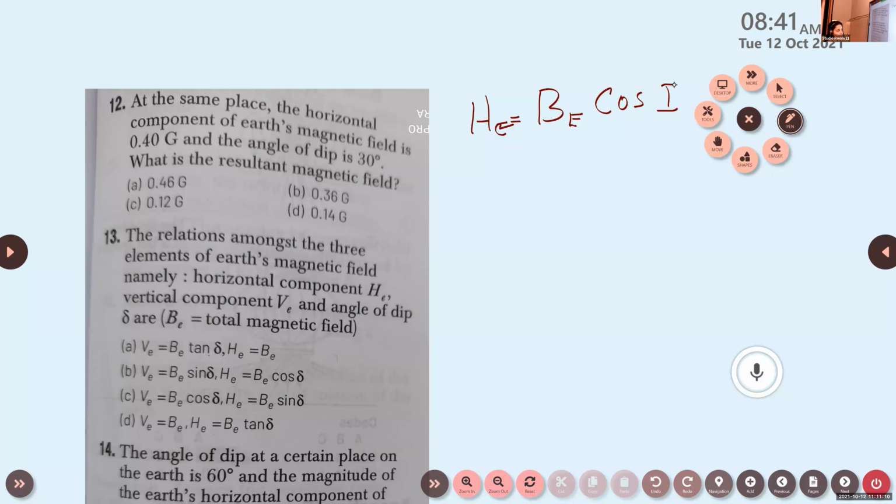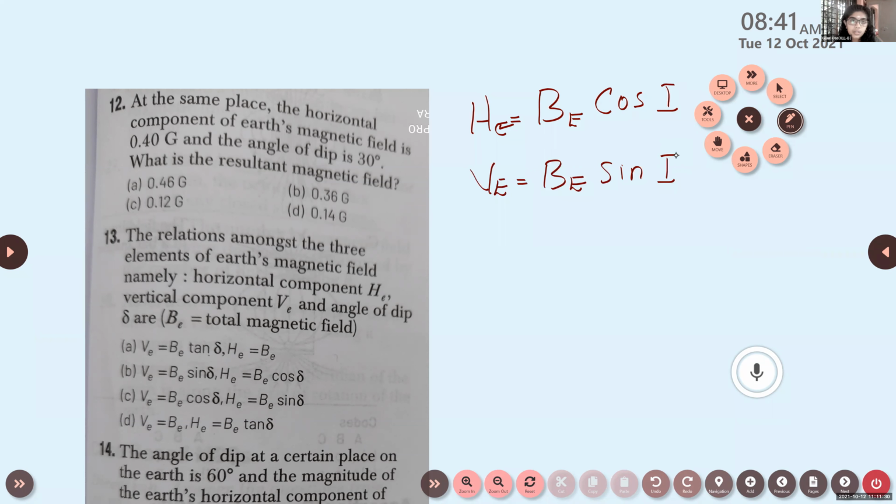This is the angle of dip. So H = BE cos I, and the vertical component is given by V = BE sin I. Which equation do we use here to find the resultant magnetic field?